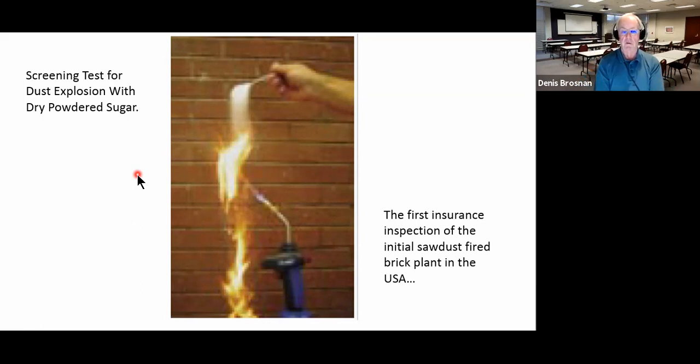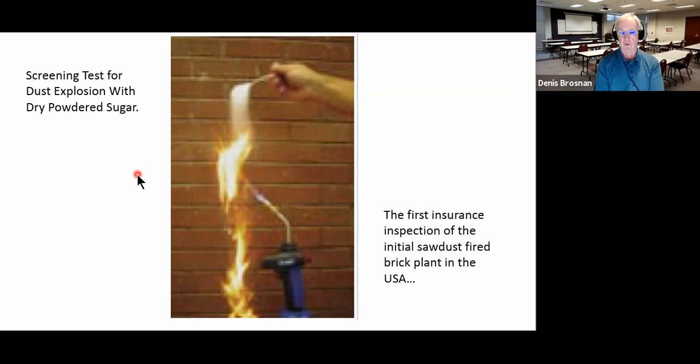Then one day they had a dust explosion, and unfortunately, I believe it killed some people. That's the nature of dust explosions. The atmospheric moisture, the humidity, meaning, and the moisture content in the sugar, the source of ignition, all must be there. And if all those items are exactly right, you're going to have an ignition and maybe an explosion.